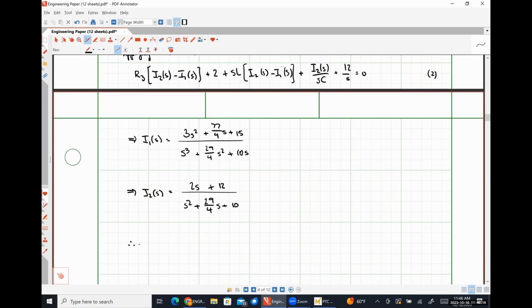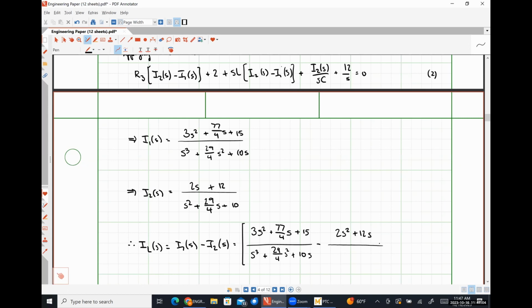And IL is I1 minus I2. So that's going to look like 3s squared plus 77 over 4s plus 15 divided by s cubed plus 29 fourths s squared plus 10s, minus 2s squared plus 12s divided by that same denominator, s cubed plus 29 over 4 s squared plus 10s.